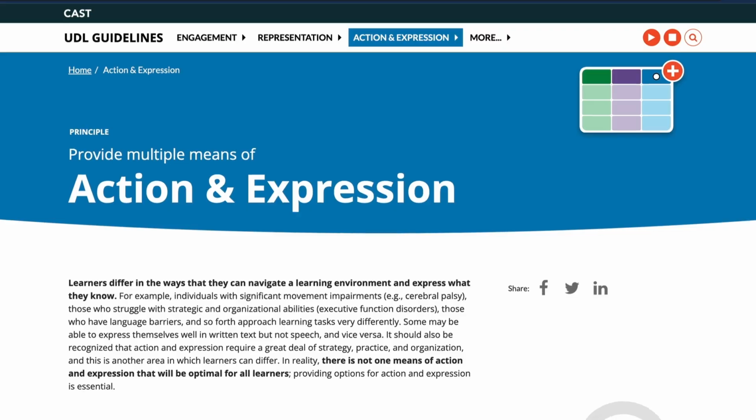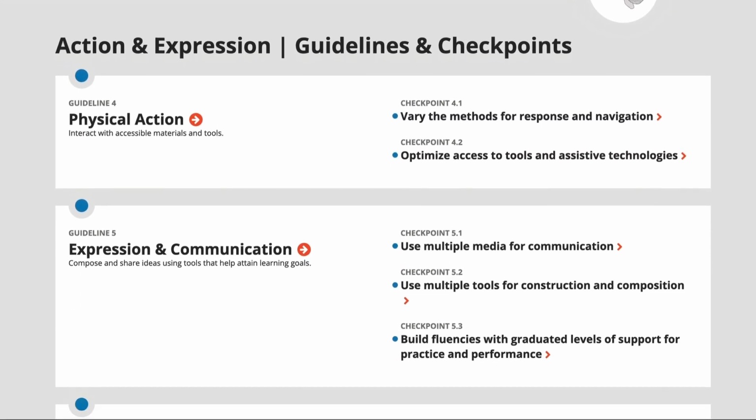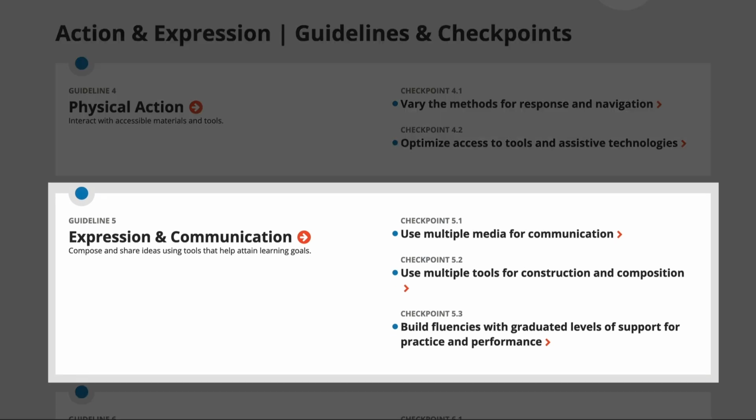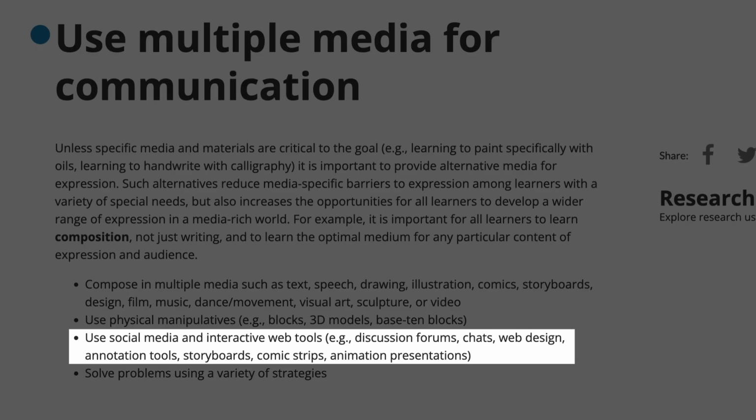For example, under the principle provide multiple means of action and expression, which is about offering choice in how students show knowledge, one guideline is to provide multiple means of expression and communication, and one checkpoint describes how to use multiple media for students to communicate what they've learned. An example would be to create opportunities for students to use social media and interactive web tools.